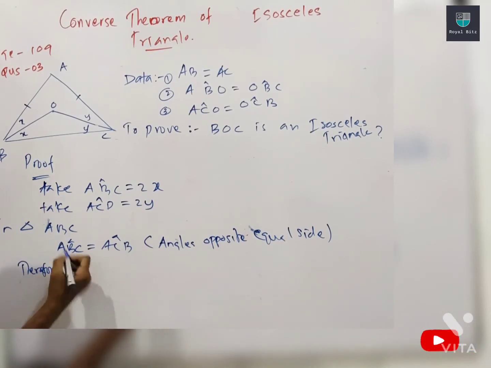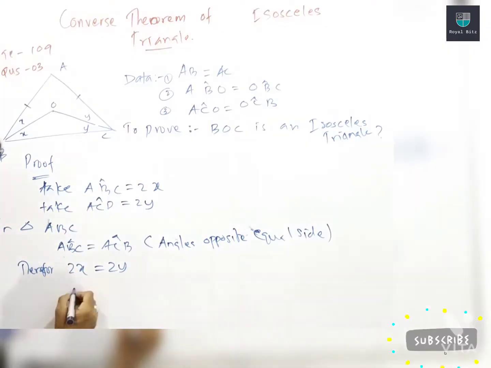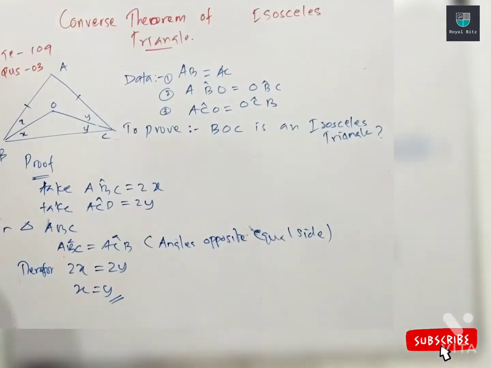Therefore we can represent this as 2x. We have already taken this as 2y. So x is equal to y. We prove x is equal to y.